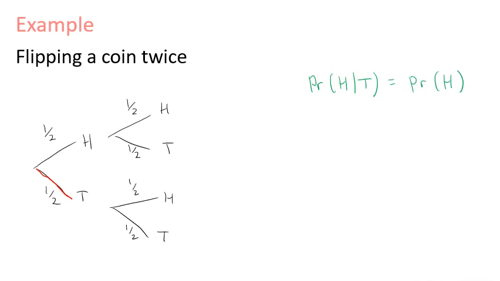And the probability of getting H is 1 out of 2. Versus if we look at the probability of getting an H just by itself here, it is 1 out of 2. Therefore, because they are equal, this means that the events are independent. So the outcome of one doesn't affect the outcome of the other.